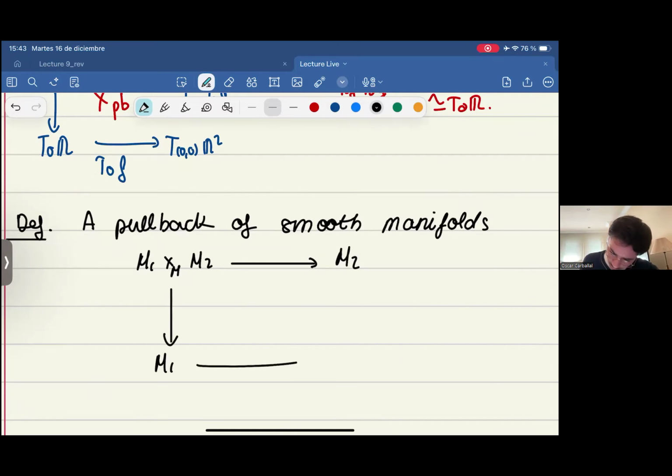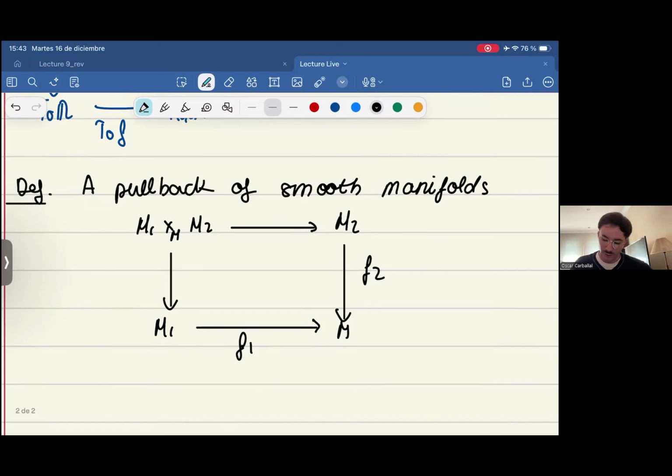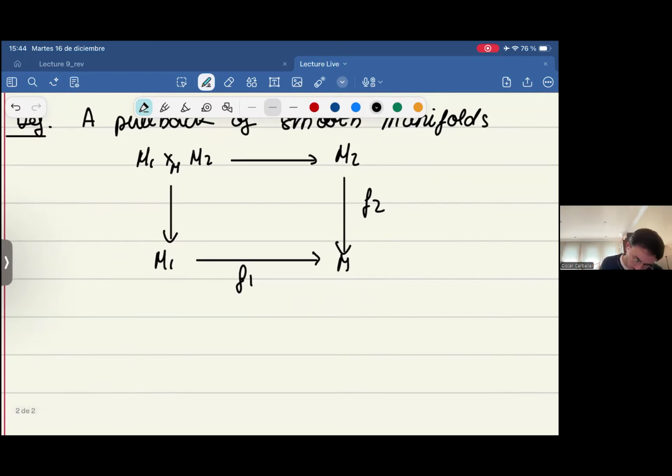Here I have N1, and then I have these two maps, f1 and f2, to M, and I take the pullback over M. f1 and f2 are just smooth maps of manifolds. And we say precisely that this pullback is a good pullback if the following two conditions are satisfied.